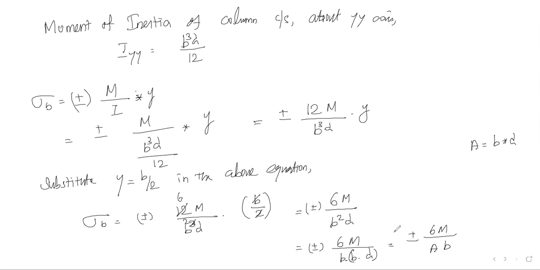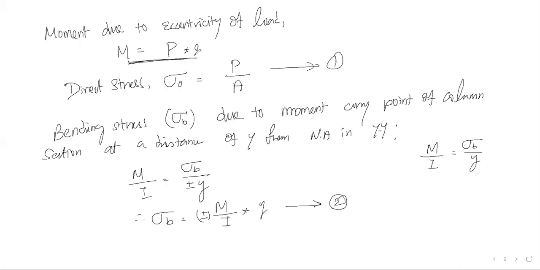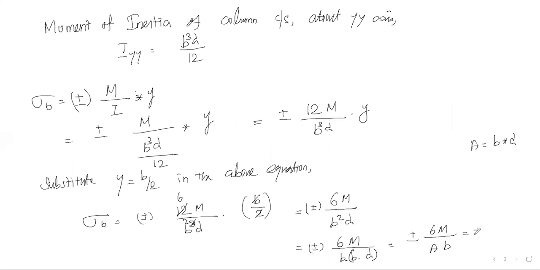Okay, and we all know that moment M is equal to P into e. So that we are going to substitute now. So plus or minus 6 into P into e divided by A into b.